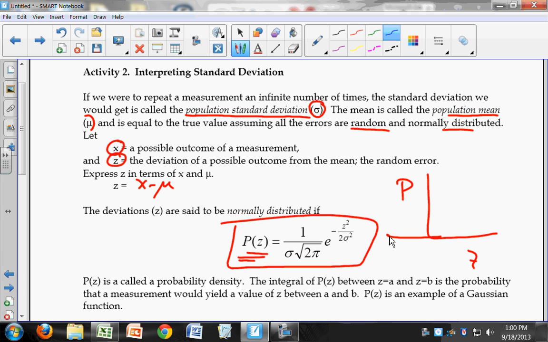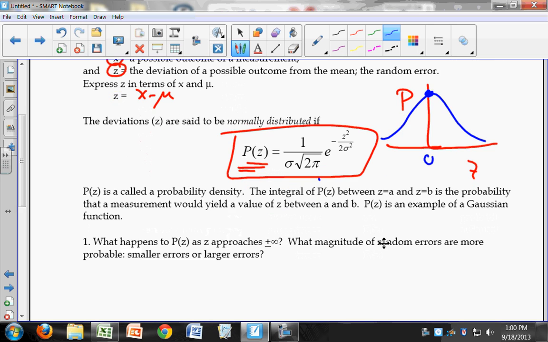So what would this graph look like? You remember from our lesson on Gaussian functions? A bell curve with a peak at z equals 0, right? And what is our FWHM? Do you remember? What's this maximum value right here? This is just 1 over sigma square root of 2 pi, right?